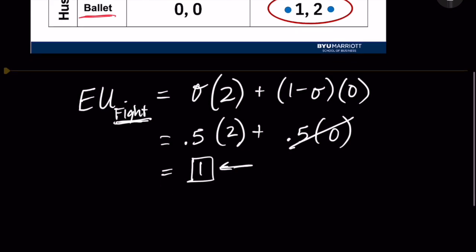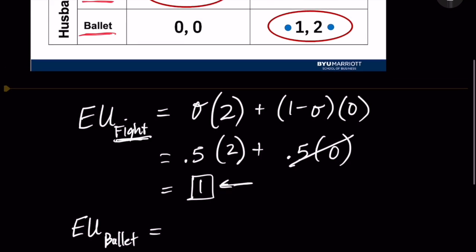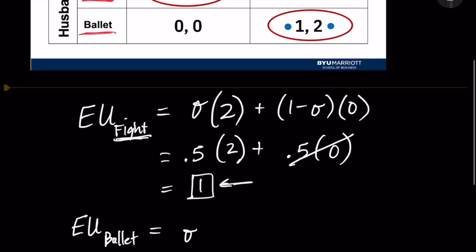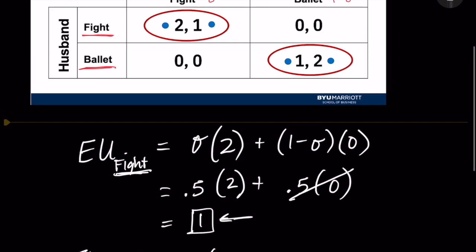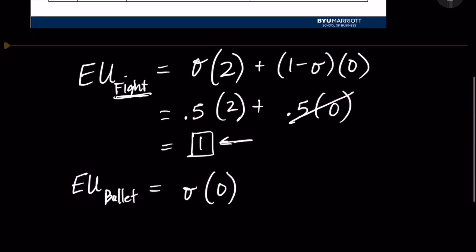Okay, we can do the same for ballet. The expected utility of ballet is equal to the probability that the wife chooses fight, which is sigma, times the payout. Now I'm looking up here at ballet, and if I choose ballet and the wife chooses fight, then I get 0.